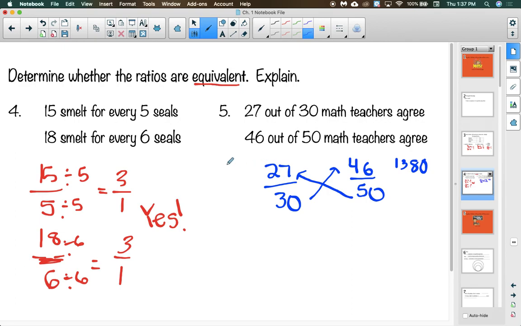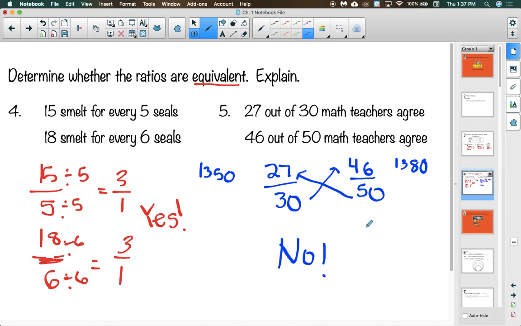Yep, 1,350. So my cross products are not the same, so my ratios are not proportional. I'm sorry, not equivalent. Wrong word there. You'll hear that word later on in the chapter. Okay, so if I were going to explain this, I would say, no, the ratios are not equivalent because the cross products are not equal.